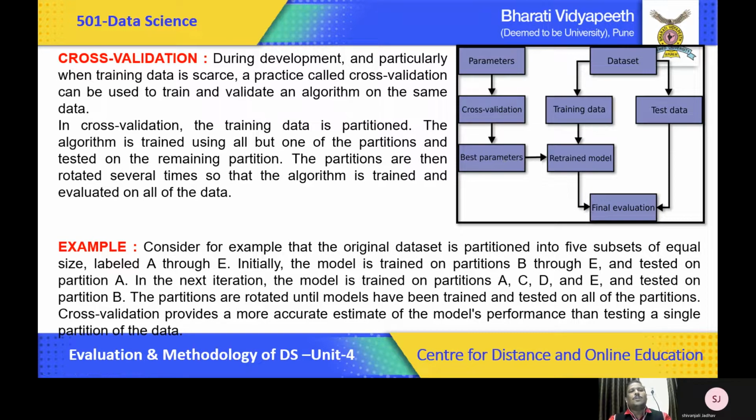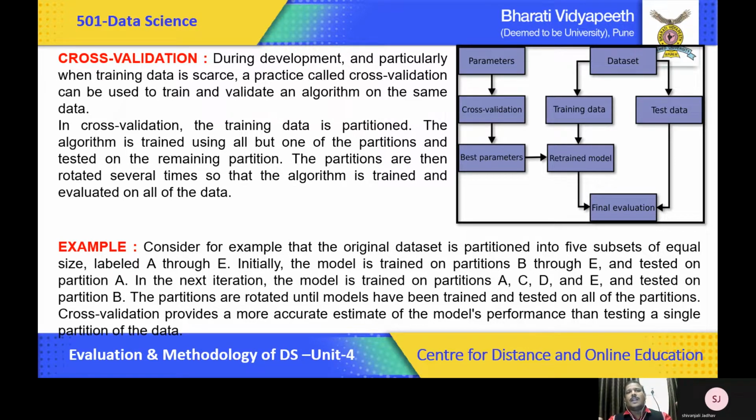Normally we cross verify. Suppose you want to know about a particular person, right? You can find out different types of data from different sources, right? So you just cross verify. X is saying this person is very good, Y is saying he is a good person, and Z is saying he's not a good person.